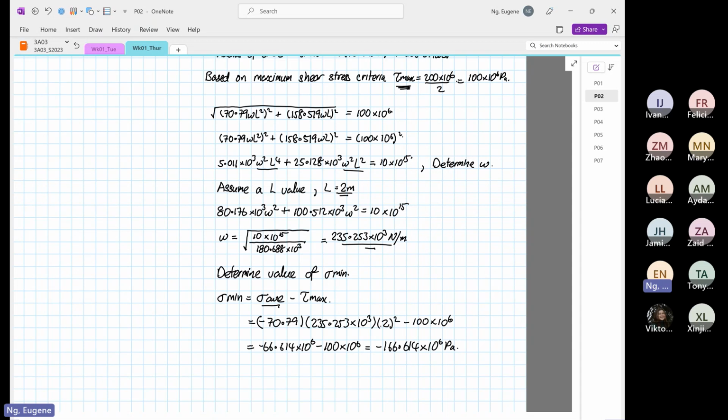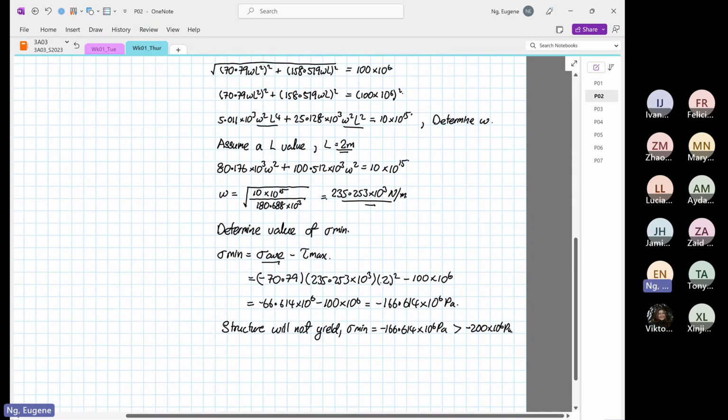So we realize that the structure will not fail because the stress minimum is greater than minus 200 megapascal. So the structure will not yield, and this is because the stress mean is equal to minus 166.614 times 10 to the power 6 Pascal, which is greater than minus 200 times 10 to the power 6 Pascal.